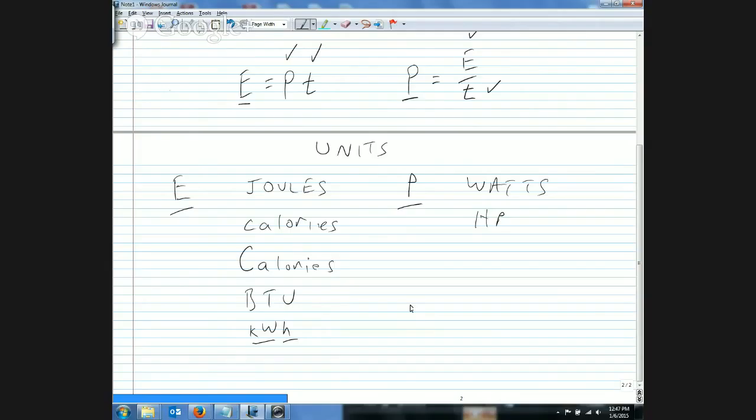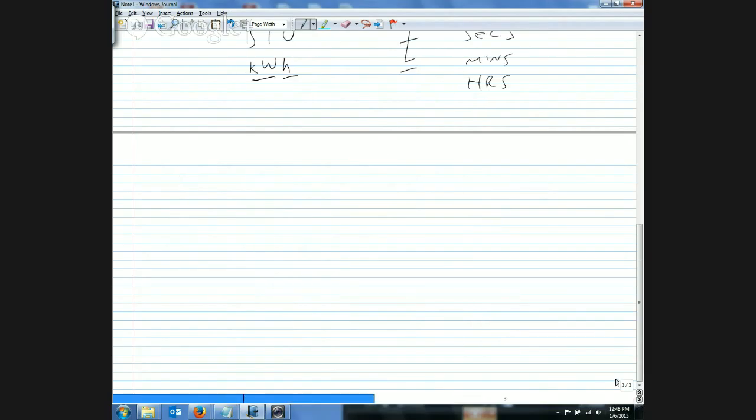And of course, time, I'll just complete that. We just usually measure in seconds, minutes, or hours, days, years, what have you. I think everyone's pretty familiar with how to measure time, or the units of time. Okay, now the next thing we want to consider are dimensions.